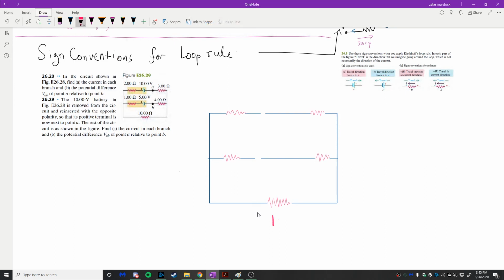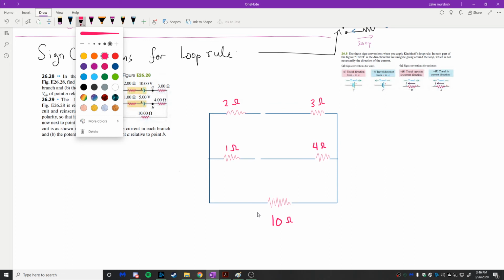So this one's 10. This one's 4, 3, 2. We've got our batteries, with the batteries in blue.